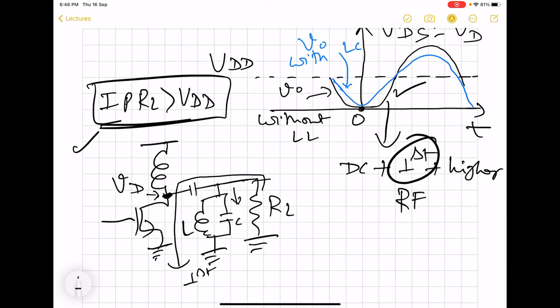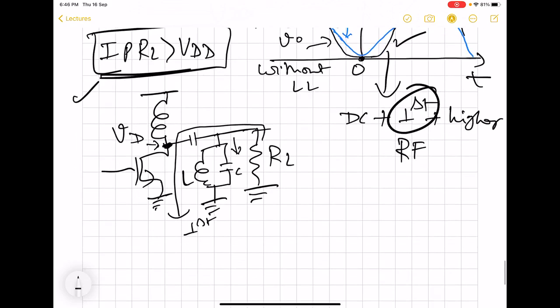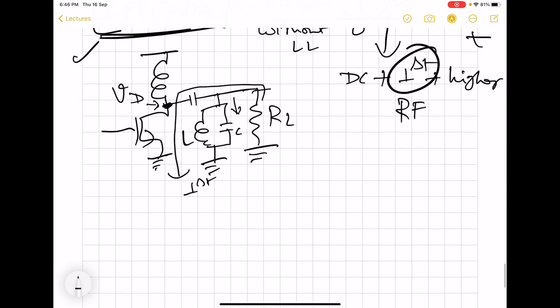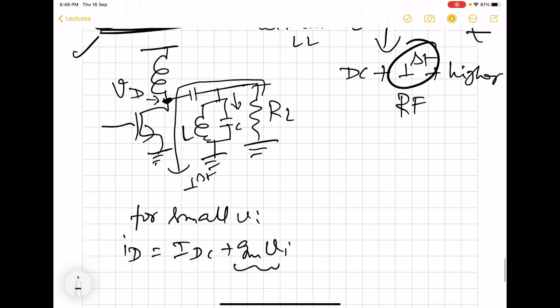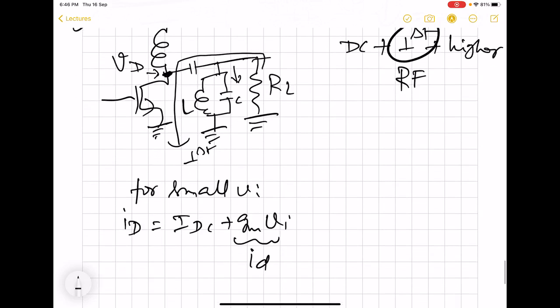But including LC is also required, because it was pointed out that only for small VI, we found that the total drain current contains a DC part and gm into VI, and it is this part which we call the AC component or the RF component.